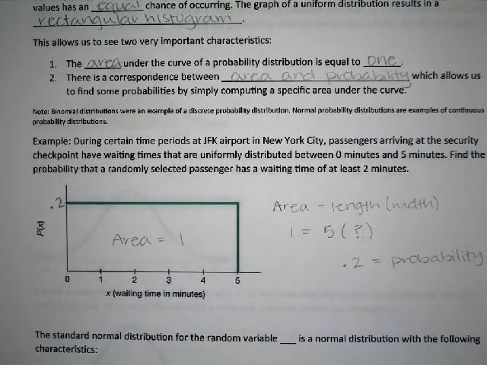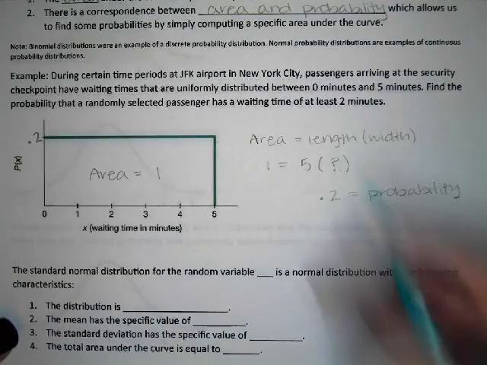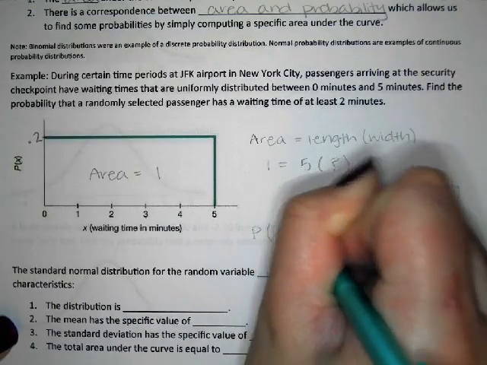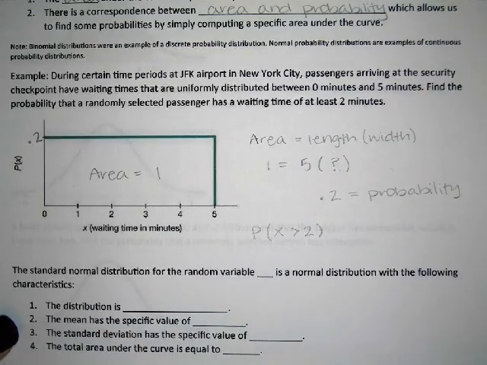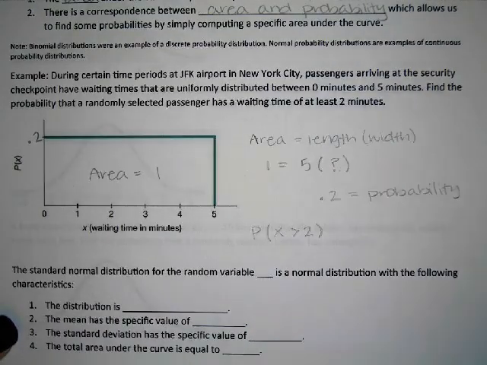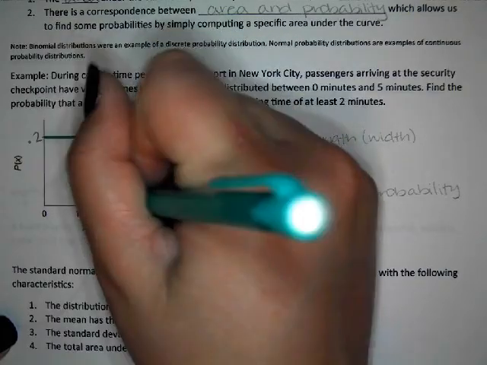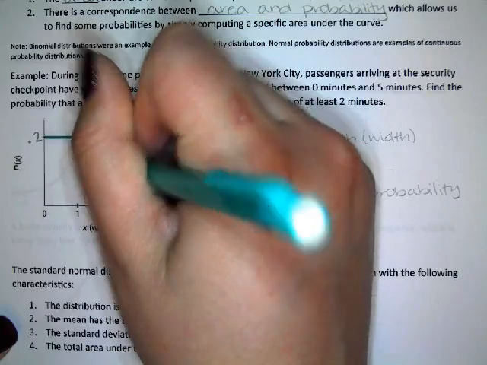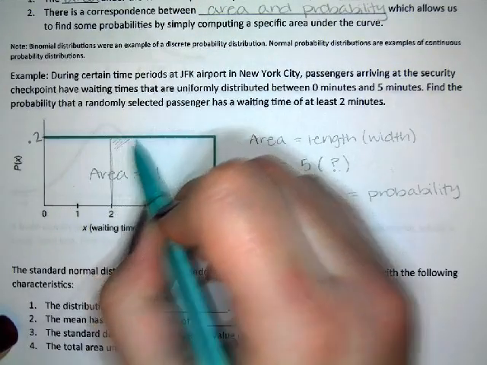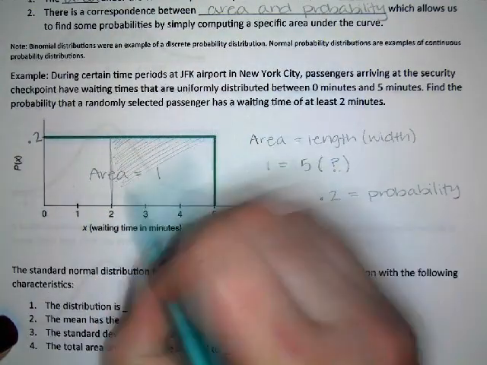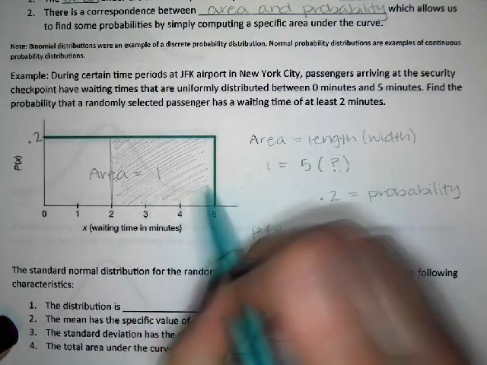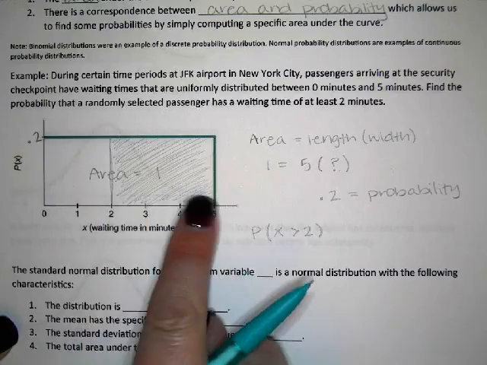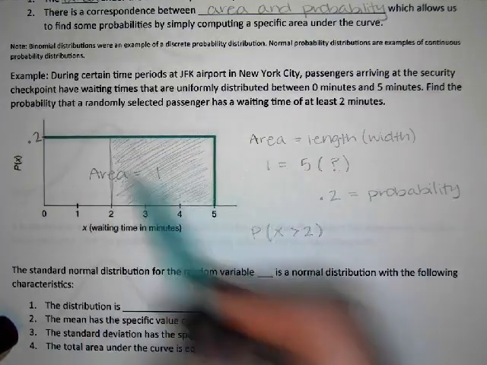It's a 0.2 probability. So if we want to find the probability that x is greater than 2, that you wait at least 2 minutes, then we're going to cut this right here at the 2, and we're going to find this area right here. What's the probability that you're waiting at least 2 minutes? It's going to be this portion right here.